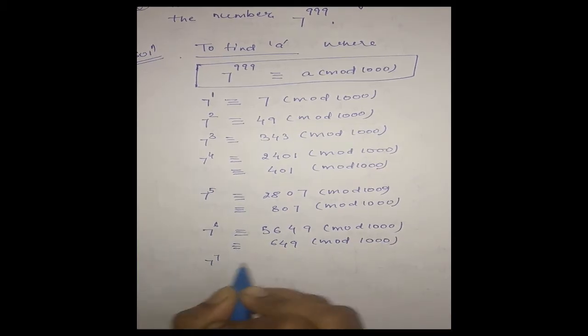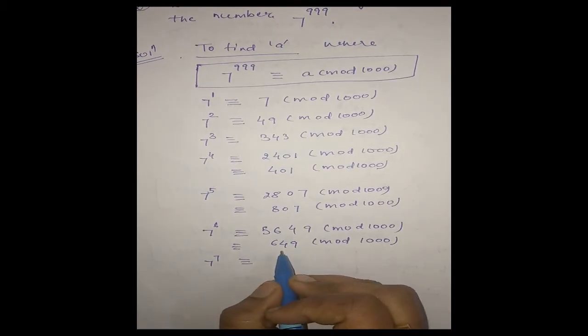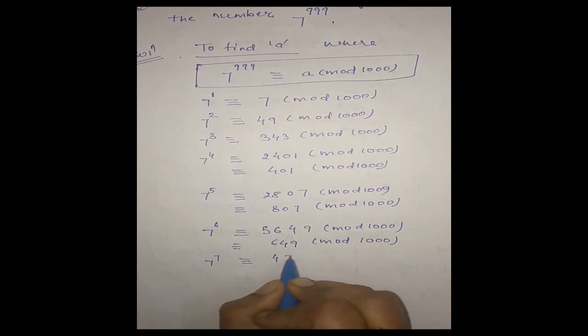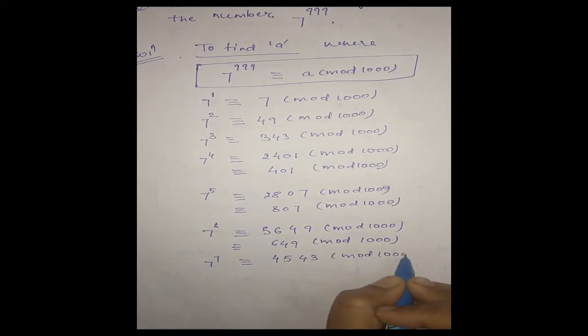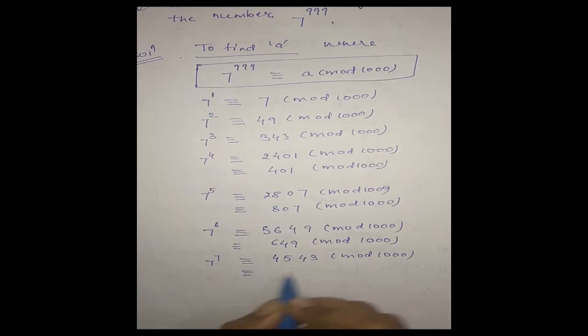Same way 7 power 7 is congruent to, on multiplying this number by 7, 4543 modulo 1000. Then remainder will be 543 modulo 1000.